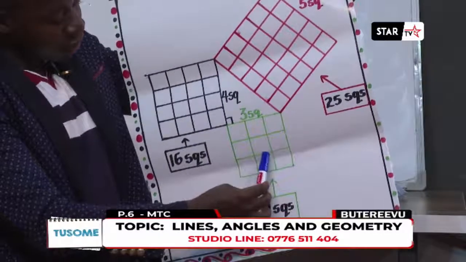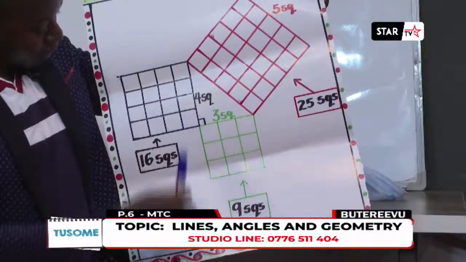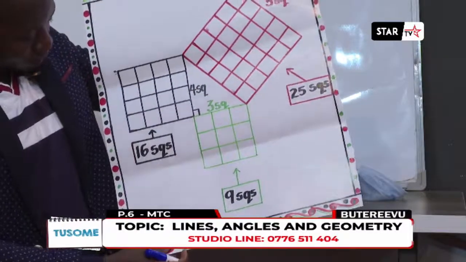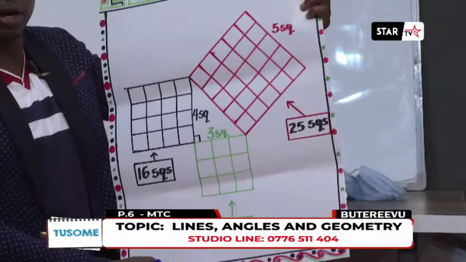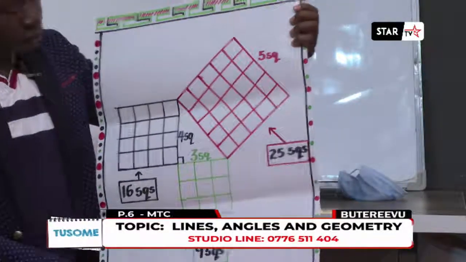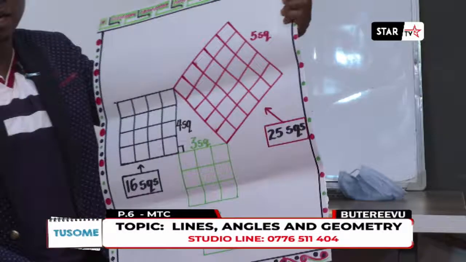Now, after obtaining the green squares, 9 of them, and the black squares, 16 of them, we go to the side of red. The squares in red are 25.